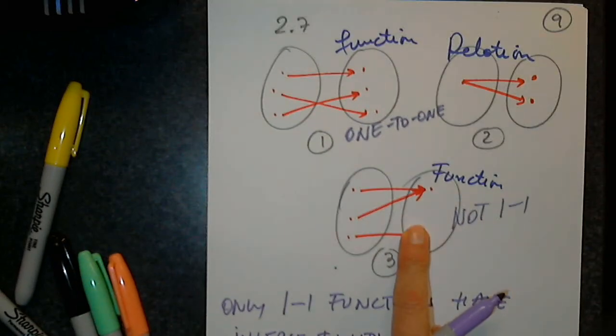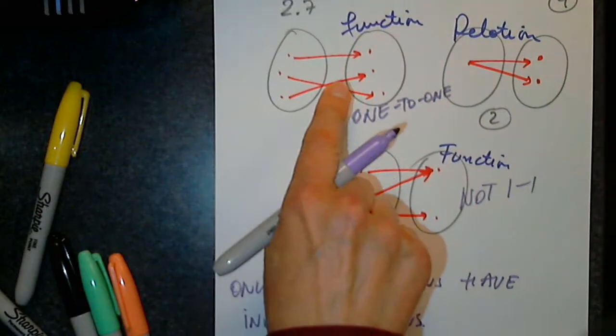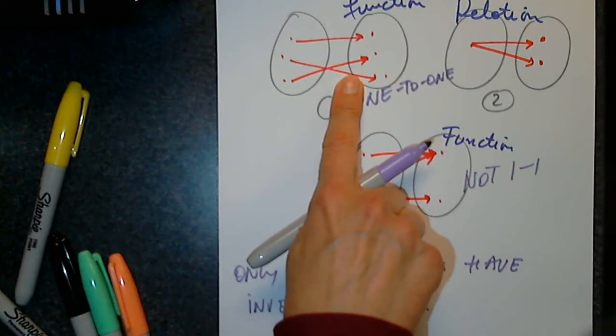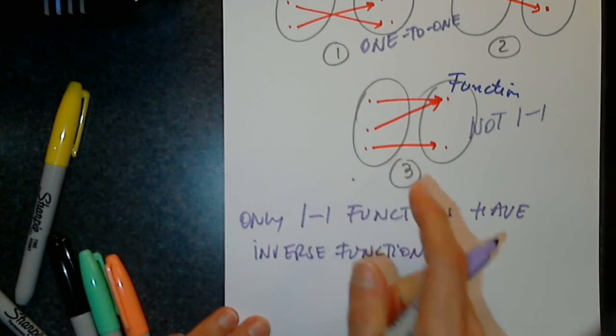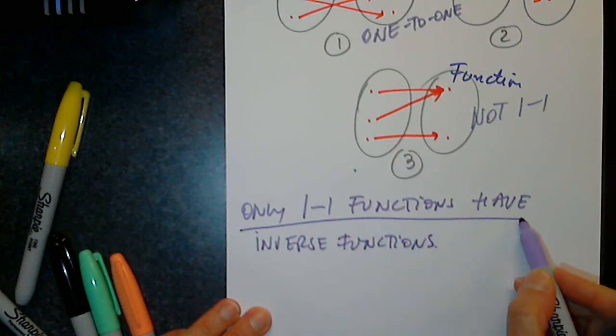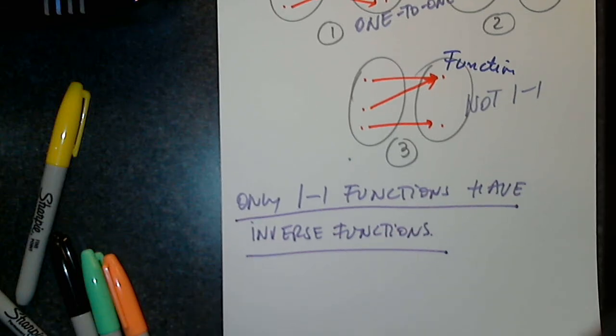This one has an inverse, but it's a relation. This one, there is no discussion here, it's not even a function. But this one has an inverse function. Yes, this one has an inverse, it exists, but it's not a function. So only one-to-one functions have inverse functions. Okay.